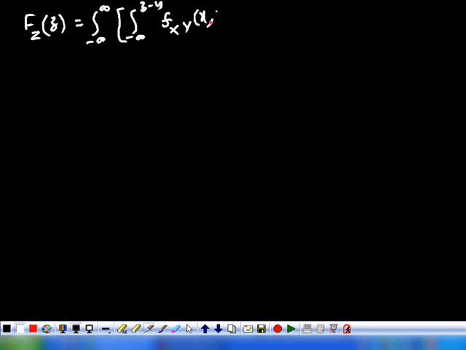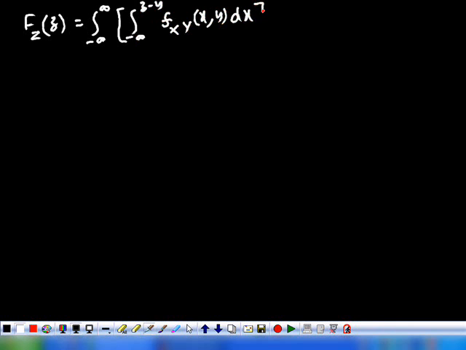Now take the same equation, so F_Z(z) is equivalent to the integral from minus infinity to plus infinity, and here I separate this inner integral, minus infinity to z minus y, of f_XY(x, y) dx, because this integral is with respect to x.